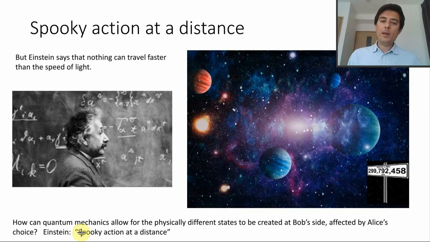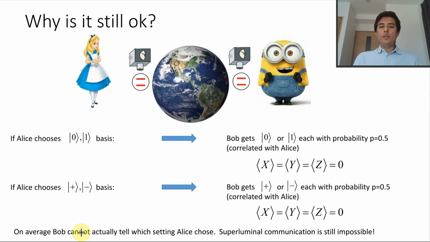So this is why Einstein thought there was something very strange about this theory, and possibly even something wrong with it, right? So, is Einstein wrong? Maybe quantum mechanics is the exception to all these physical theories, where things can travel faster than the speed of light.